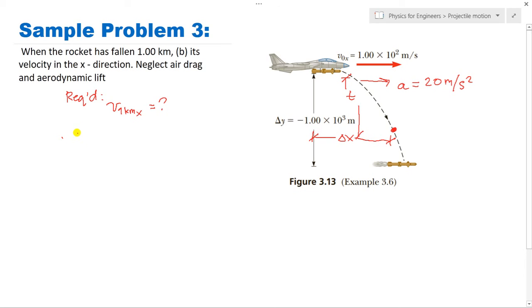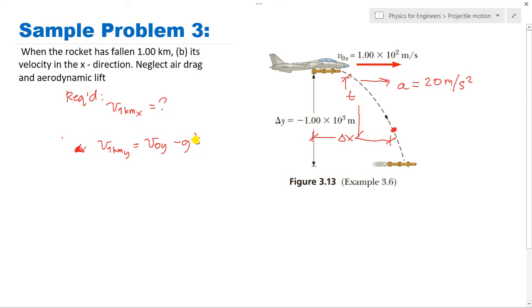So, for the vertical motion, at 1 kilometer, we have this one, delta y, or we just use the first kinematic equation. We have v final, or v at 1 kilometer along y, is equal to the initial velocity along y minus gt.